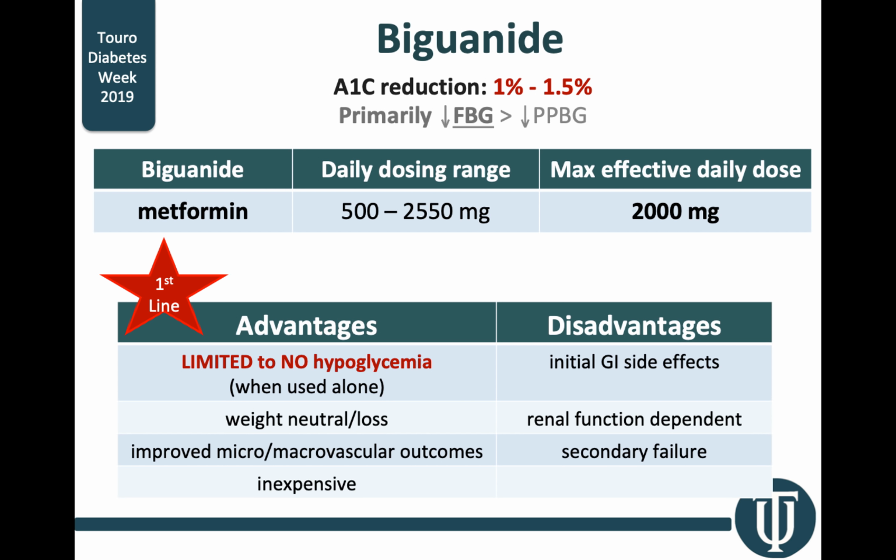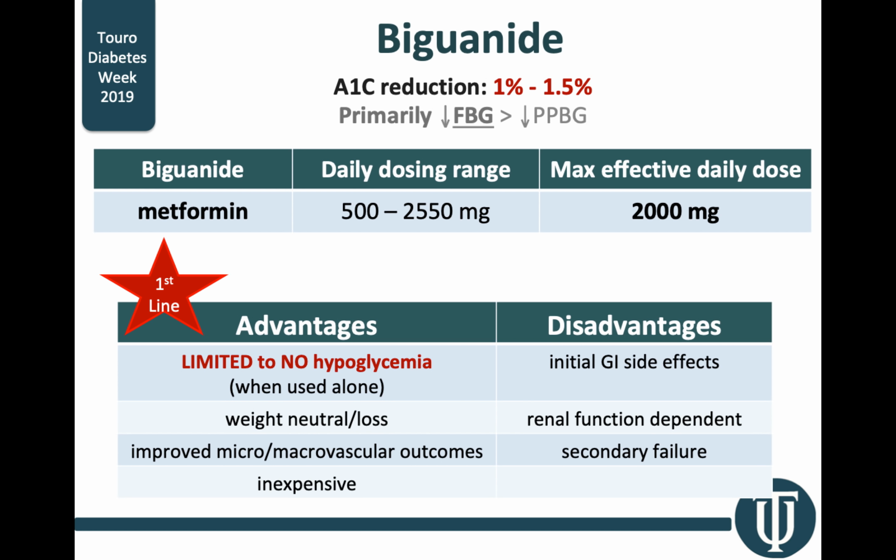So metformin, there is about 1% to 1.5% A1C reduction. And as I mentioned earlier, primarily it will help with the fasting blood sugar reduction.